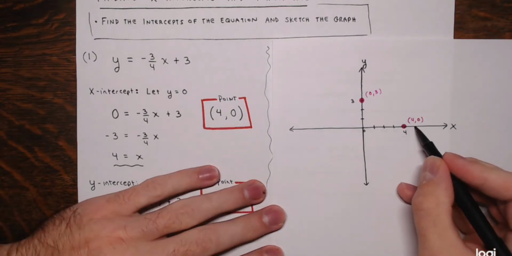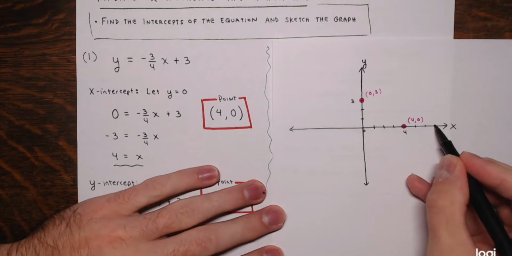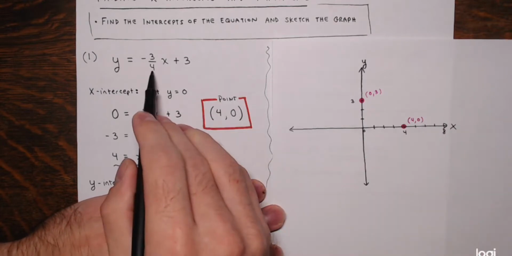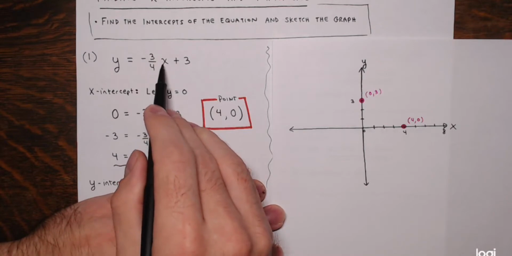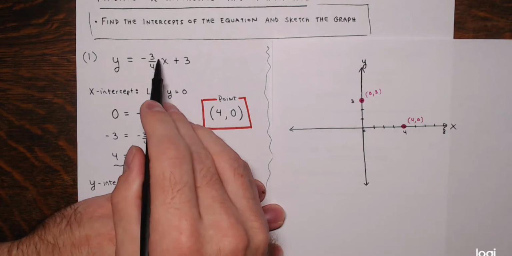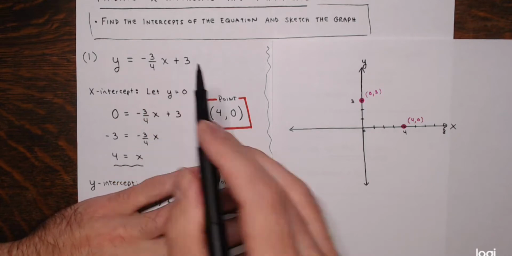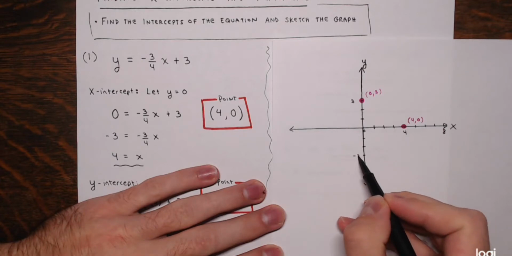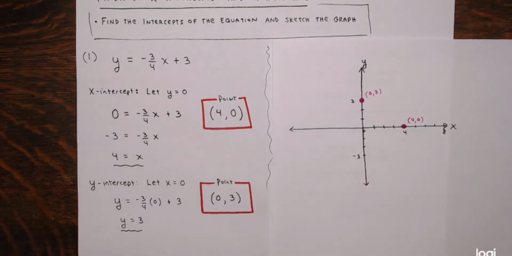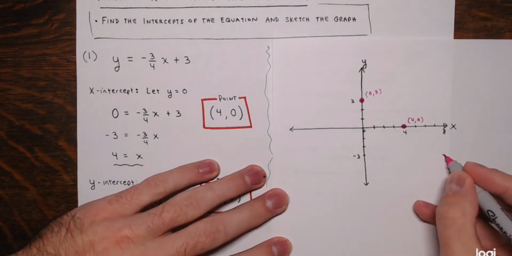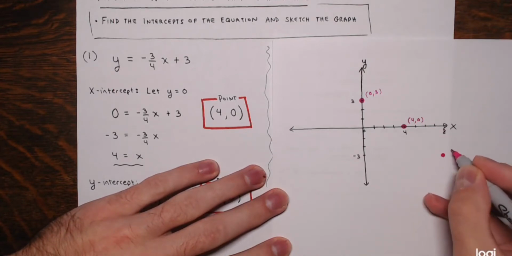Like if I plugged in 8, and the reason I'm plugging in a multiple of 4 is because of this denominator of 4 next to the x here. So 4 goes into 8 twice. Negative 3 times 2 is negative 6, plus 3 is negative 3. So this would have the point with x equals 8 and y equals negative 3 on it. There's 8, negative 3.